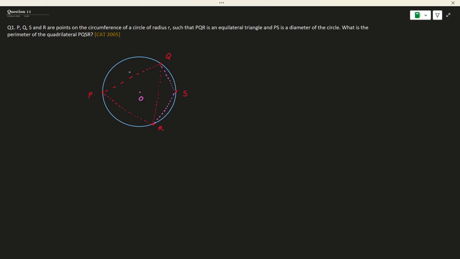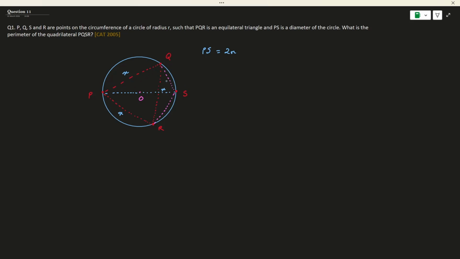Let the side PQ be X, so PR will also be X and QR will also be X, and we're given the circle radius is R. What will be PS? PS is the diameter. If PS is the diameter, it will be 2 times the radius, so 2R.